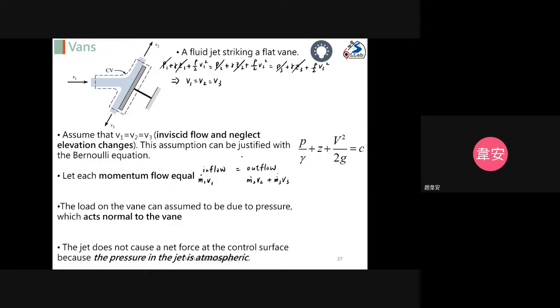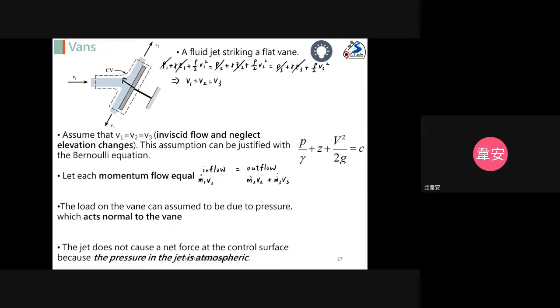And the relationship between the inflow and the outflow needs to balance. And for this problem, because this is a flat fence, we only have the normal force perpendicular to the flat fence.